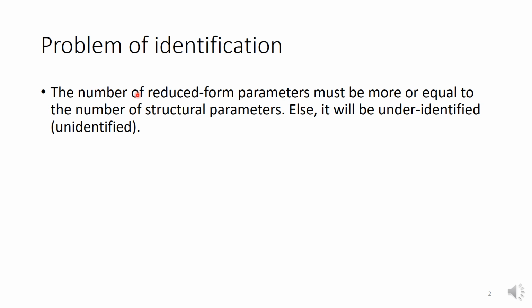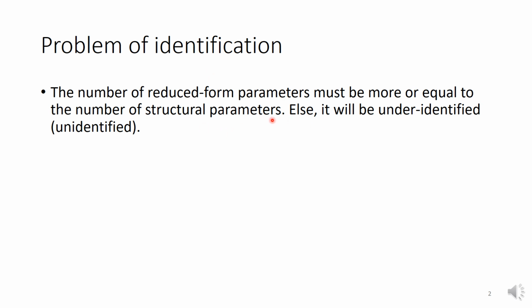The number of reduced form parameters must be more than or equal to the number of structural parameters. If this is true, then you don't have a problem of identification for that particular equation.